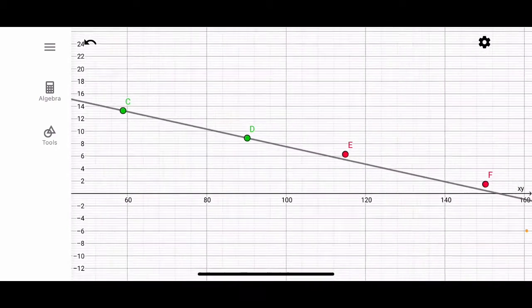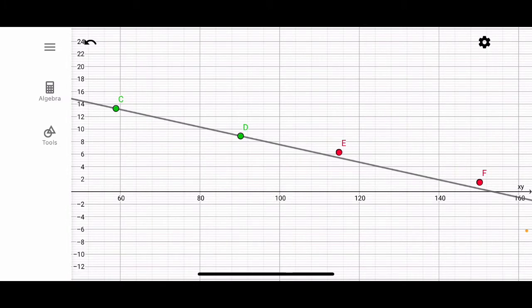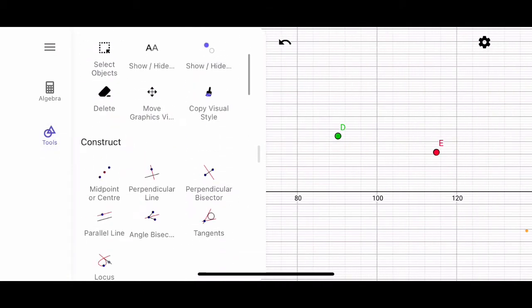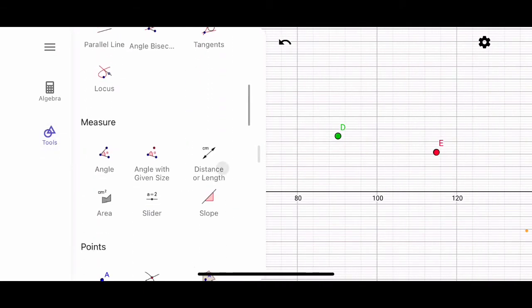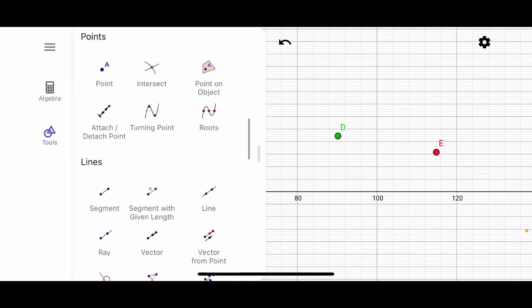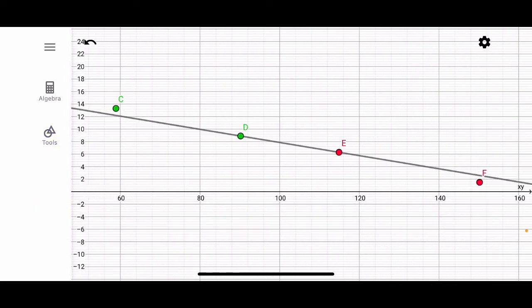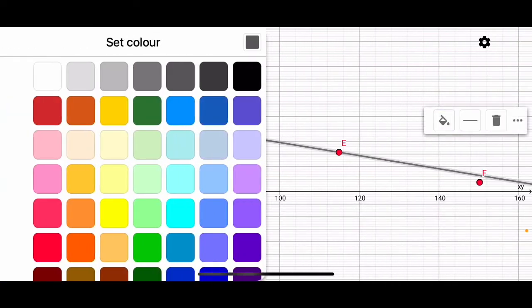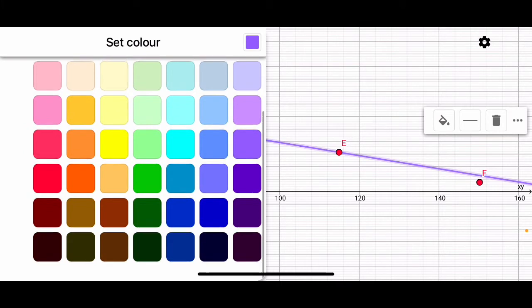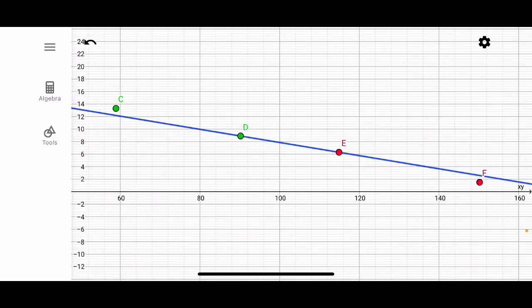Now I would like to try maybe a combination between D and E. Okay, this line we delete. We try to form a line of best fit, see whether we can get it if we try D and E. So I'm going to form the line of best fit using this line, the blue line.